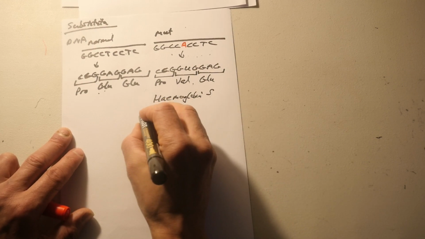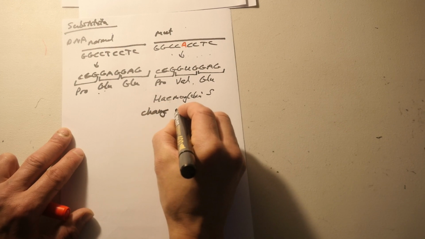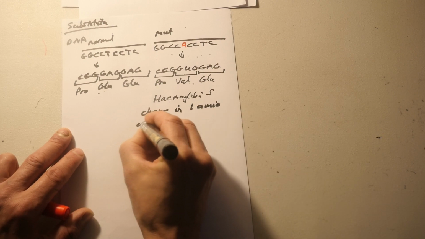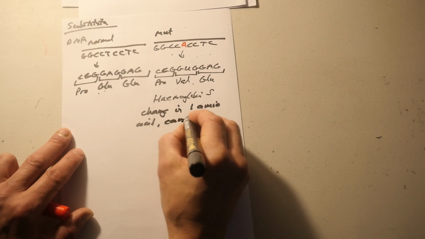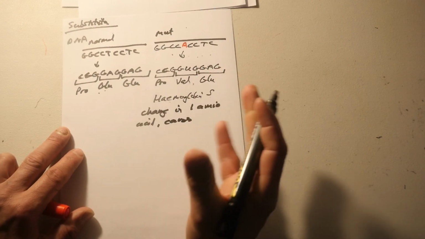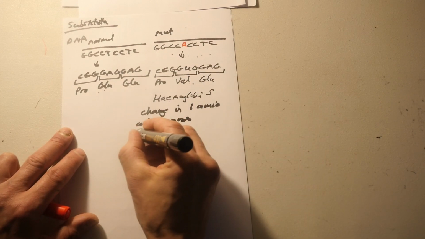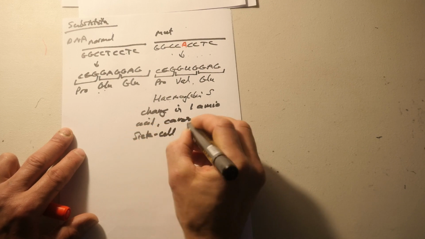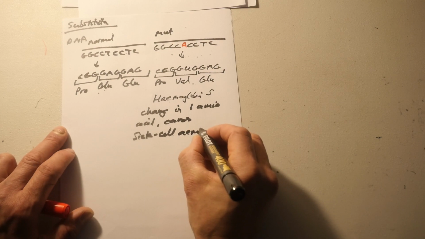A change in one amino acid causes the red blood cells to become sickle shaped. So this is the cause of sickle cell anemia. And how do you spell anemia?